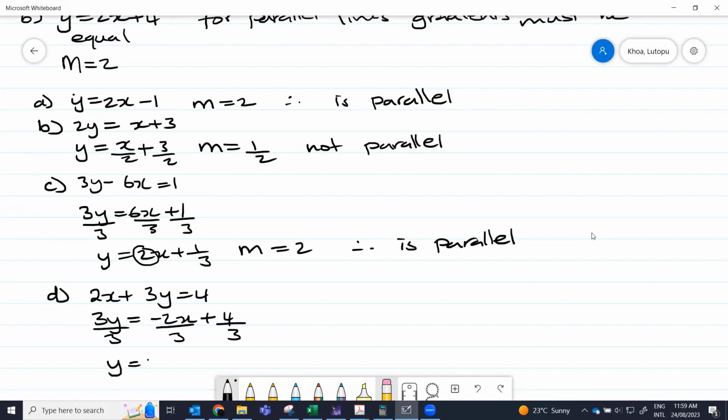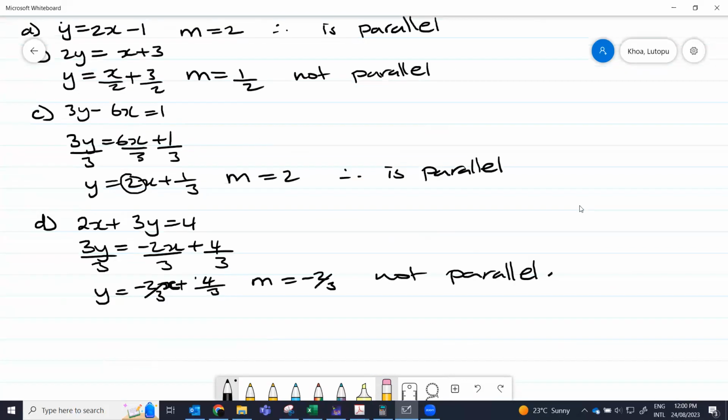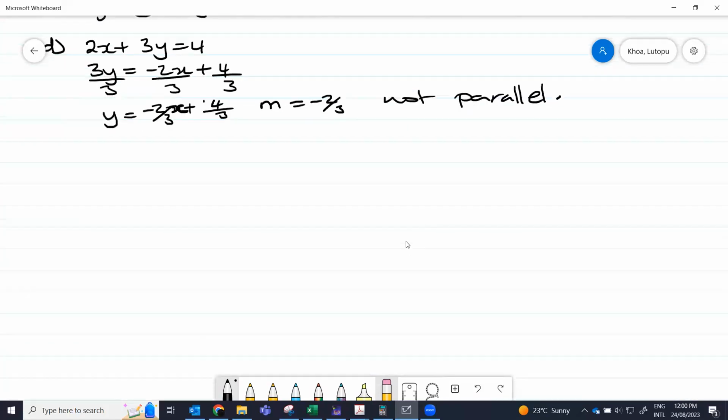So y is equal to negative 2 over 3 x plus 4 over 3. The gradient here is minus 2 over 3, and that means it is not parallel. Okay, so only A and C are parallel to the line that we are given.